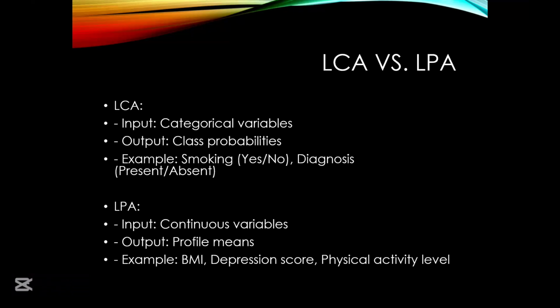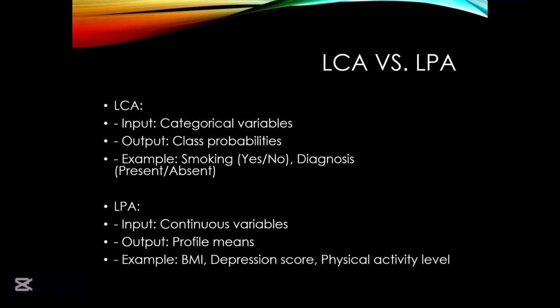What are the key differences between the LCA and the LPA? The differences lie in the inputs and the output variables that we obtain. Generally for LCA, our input is categorical variables, and we expect an output of class probabilities. An example can be smoking status, either you smoke or you do not, and your diagnosis of a particular kind of disease outcome.